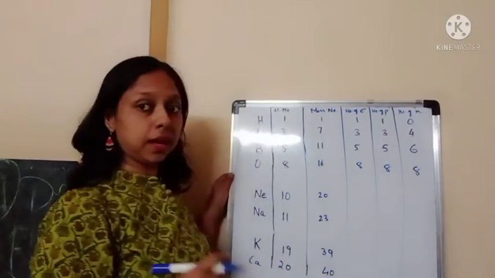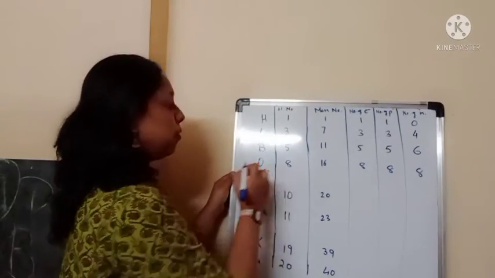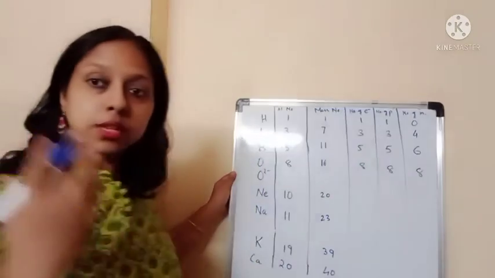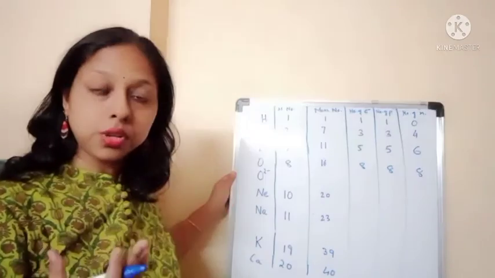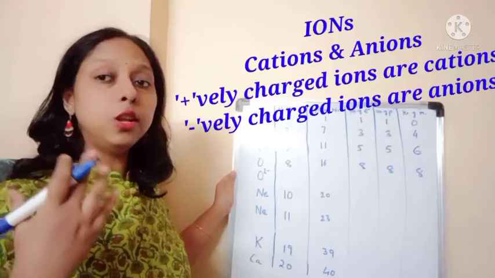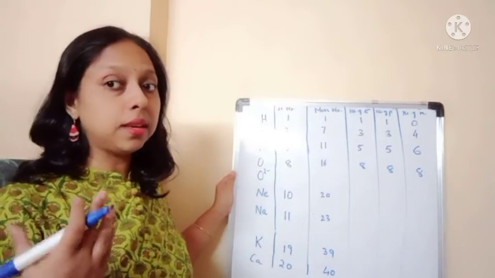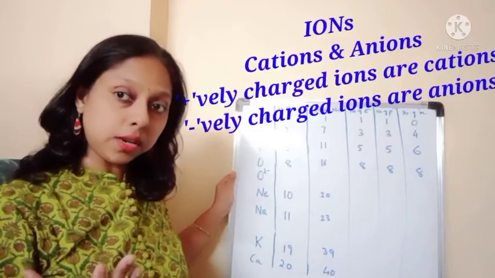Now if I take the oxide ion, it means it has become charged. Now how do atoms gain charge? When they lose electrons, they become positively charged, and when they gain electrons, they become negatively charged.